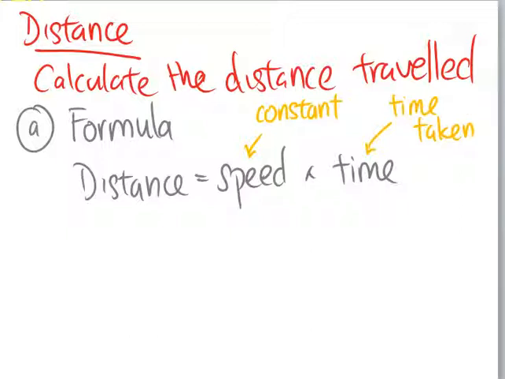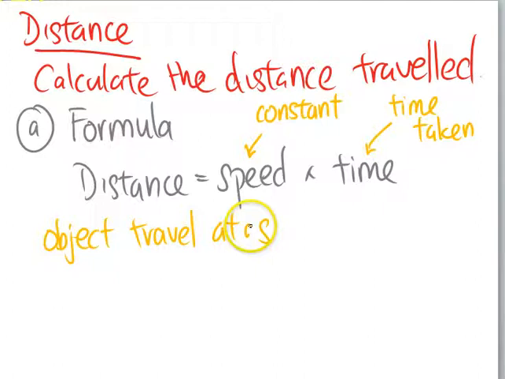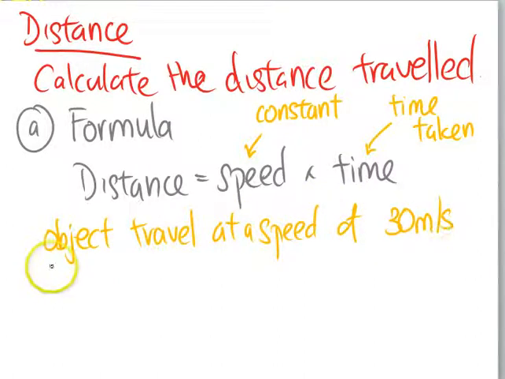So now, an example. An object travels at a speed of 30 meters per second for 2 seconds.